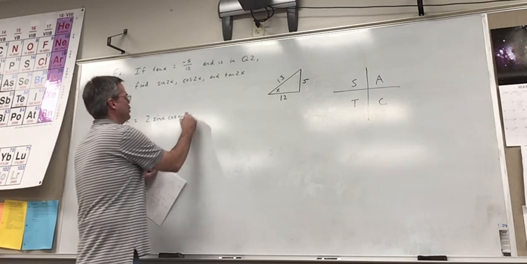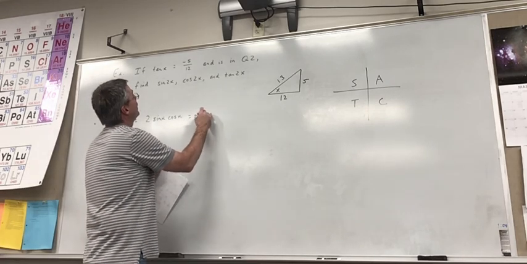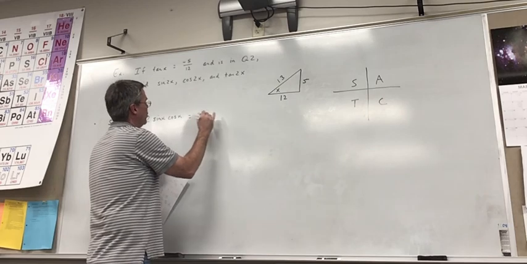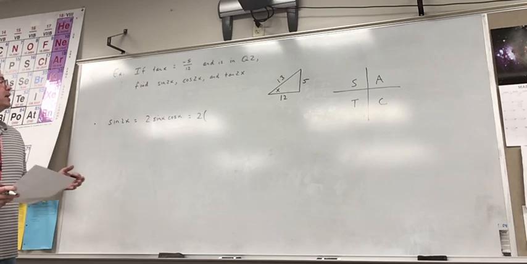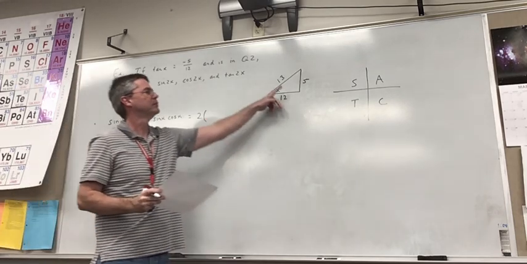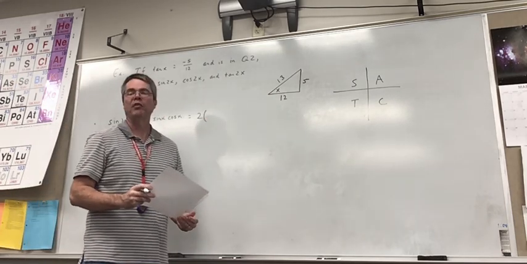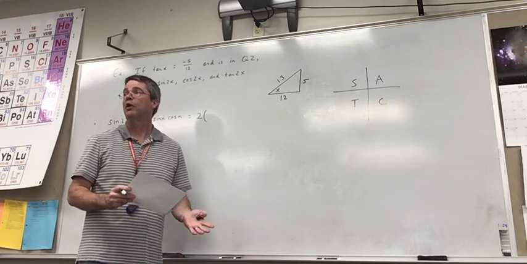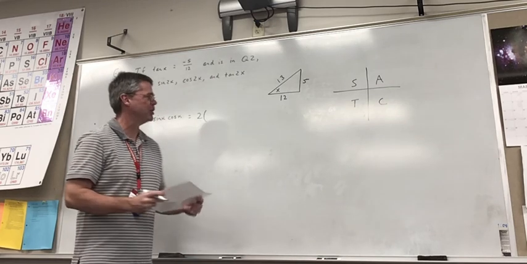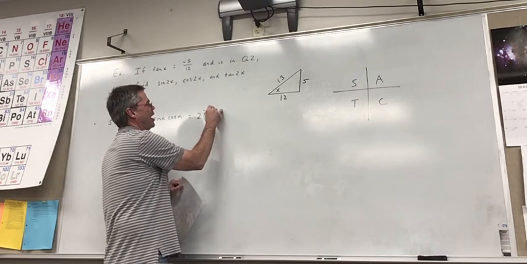All right, so that is going to be 2. What is the sine in that triangle? 5 over 13. We're in quadrant 2. Is sine positive or negative in quadrant 2? Positive. So it's just going to be a positive 5 over 13.